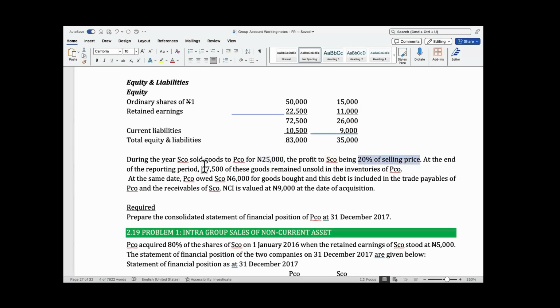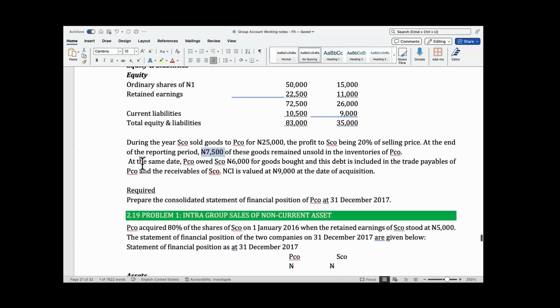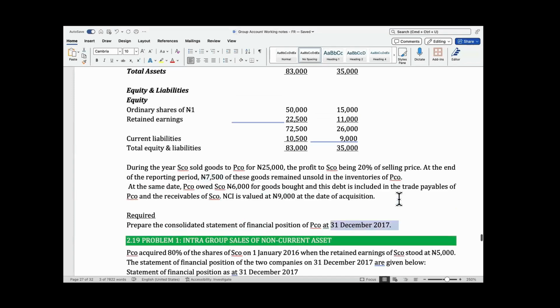At the end of the reporting period, 7,500 of these goods remain unsold. At the same date, Pico owed 6,000 for goods bought, and this debt is included in the trade payables of Pico and receivables of ESCO. NCI is valued at 9,000 at the date of acquisition. Prepare the consolidated statement of financial position as at 31st December 2017.